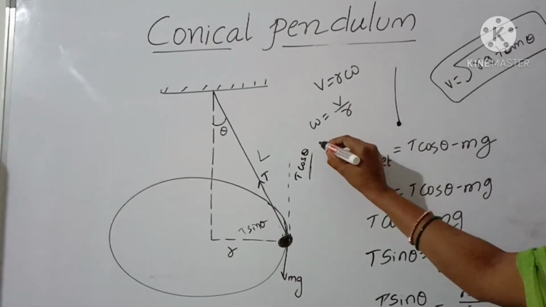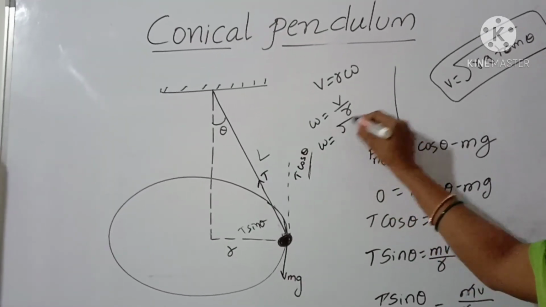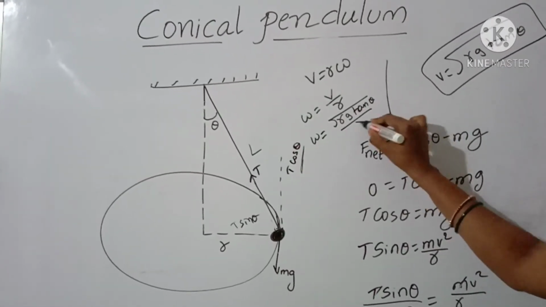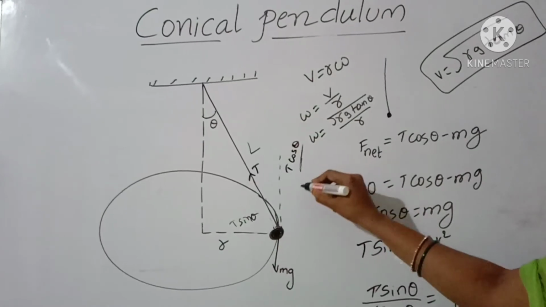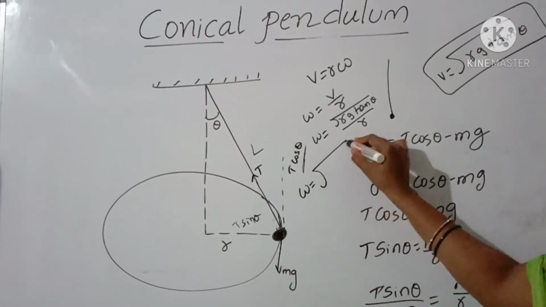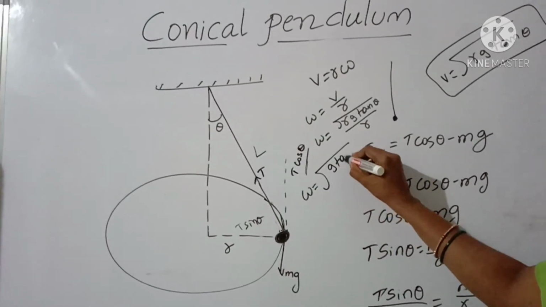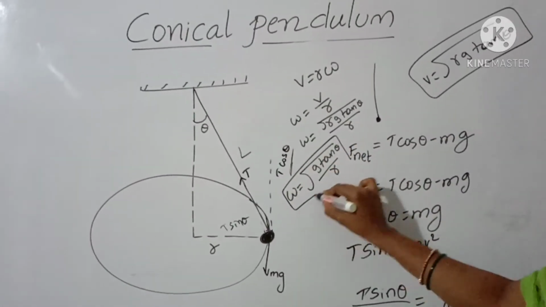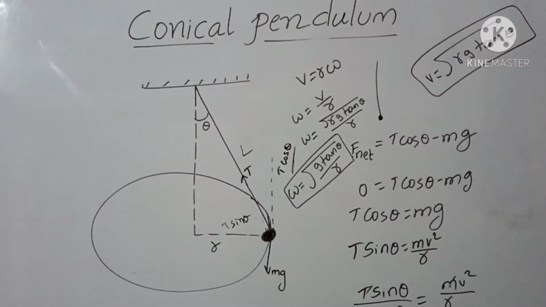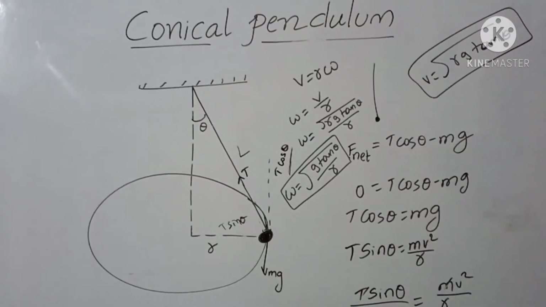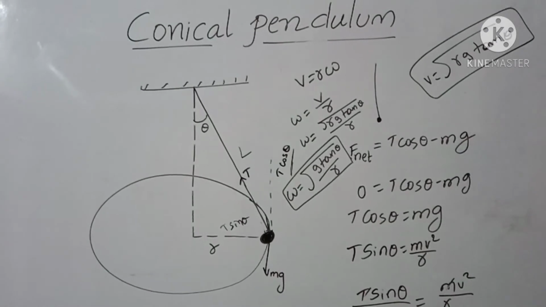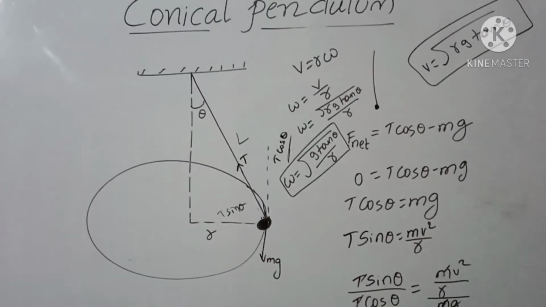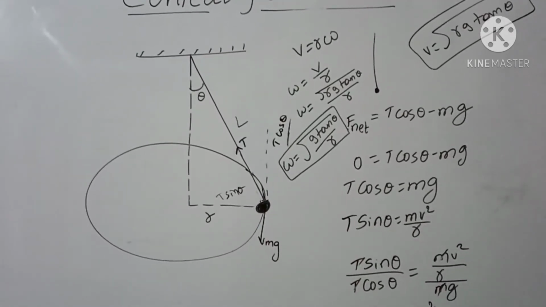Substituting, omega equals root of rg tan theta by r. Overall, omega equals root of g tan theta by r. This is the angular speed of the body. When the body moves in a straight line, we need not discuss angular speed, but when it moves in a circle, we can discuss both linear speed and angular speed.